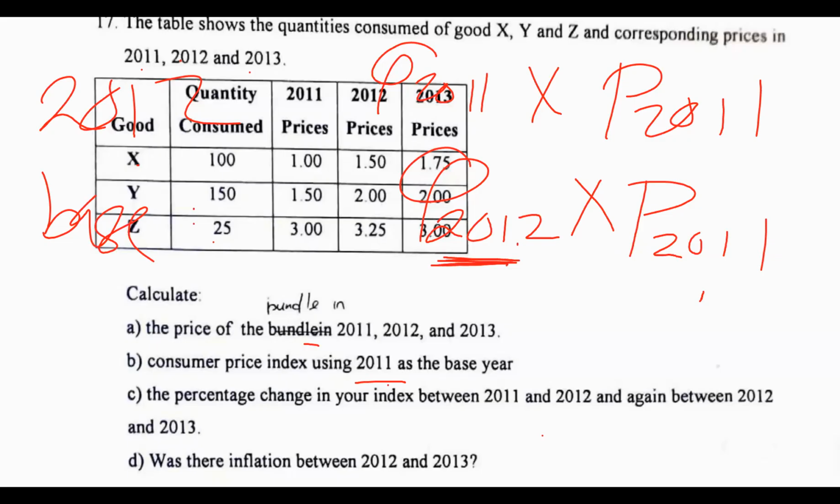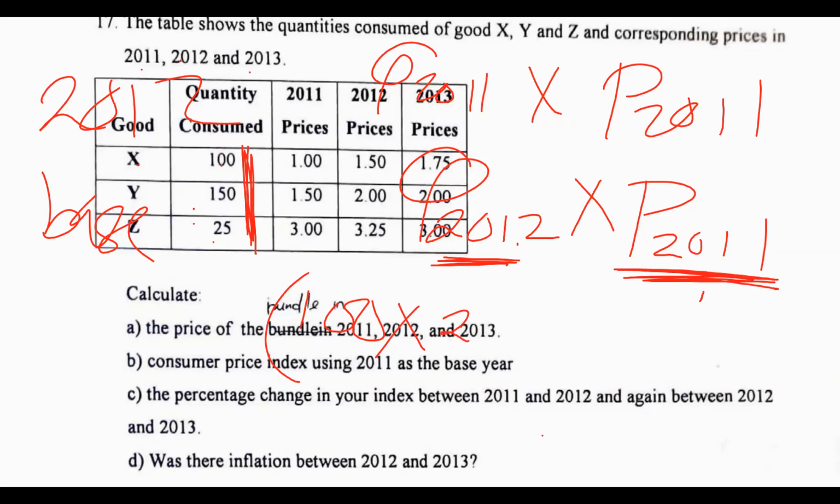But since the quantities, we said, are fixed, the quantities you had for 2011 are the same quantities you have for 2012, right? They have been fixed, like each year has the same quantities. So the quantity for 2012 is still 100 times the price. Now you are in 2012, but you use the price for 2011 because it's the base year.